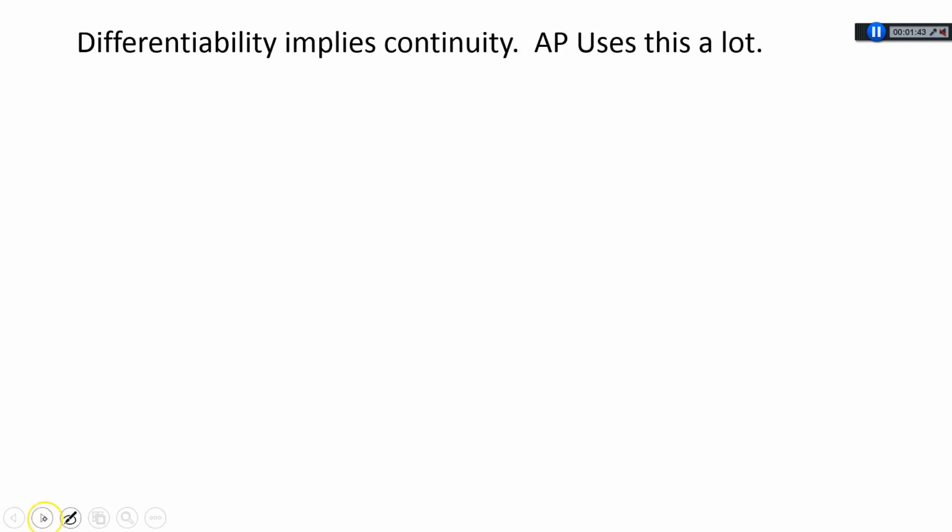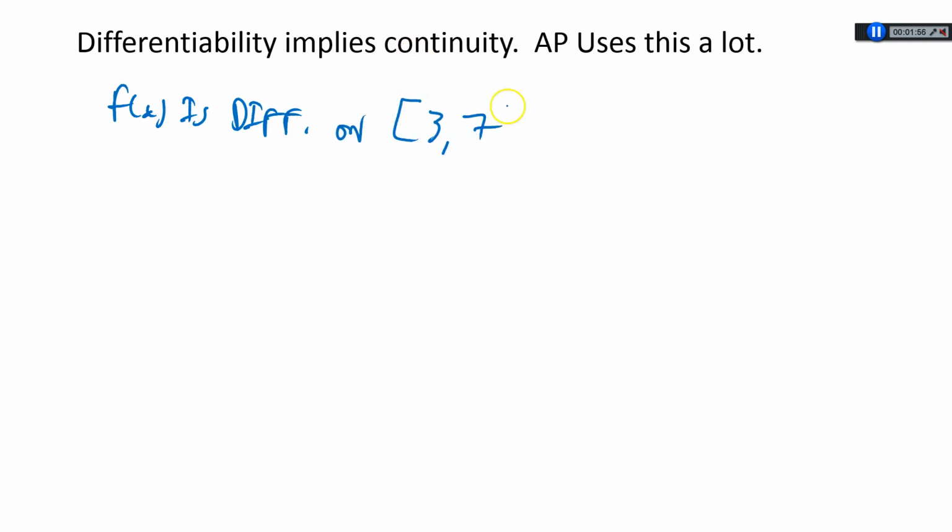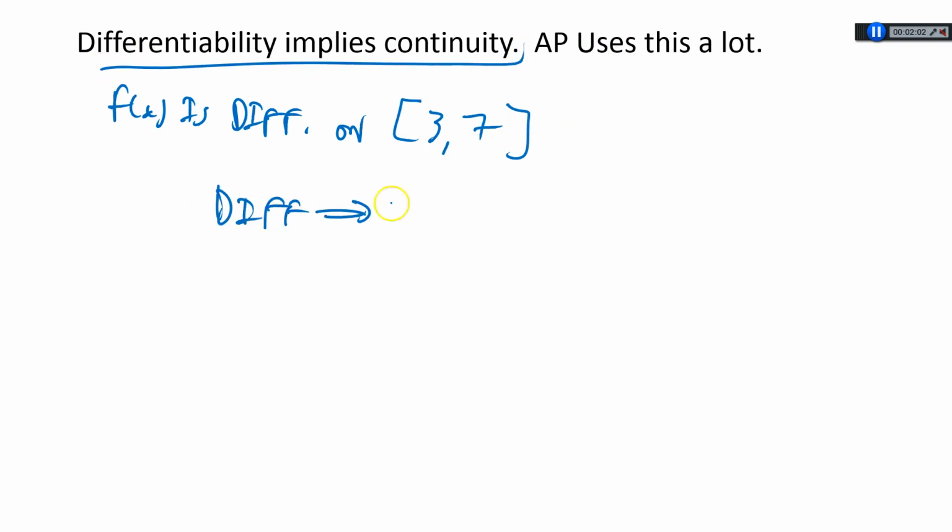Now, one thing that AP does a lot is they talk about functions being differentiable, but they don't mention continuity. So they'll say something like f of x is differentiable on [3, 7]. Now this is important: differentiability implies continuity. If they tell you it's differentiable, it's guaranteed to be continuous. Why is that? Because in order to be differentiable, it has to be continuous, like we talked about before.